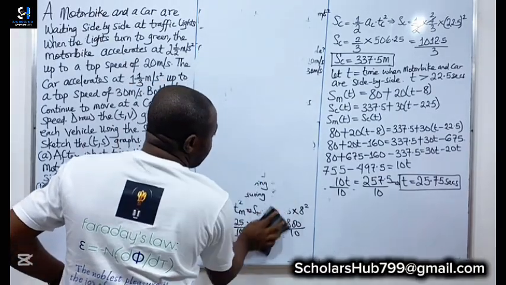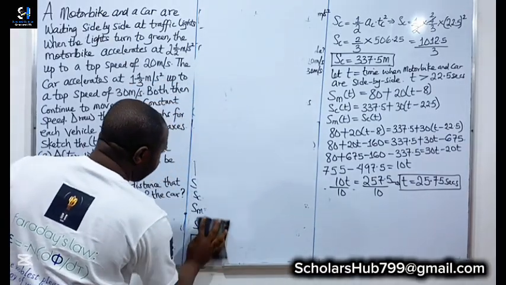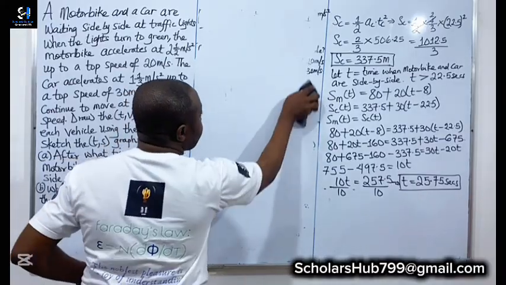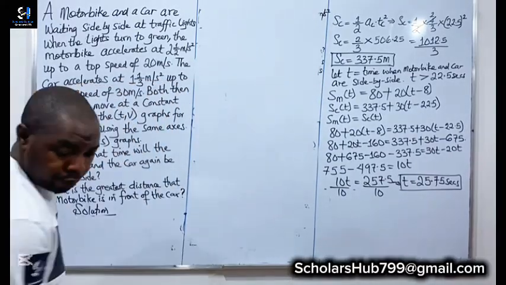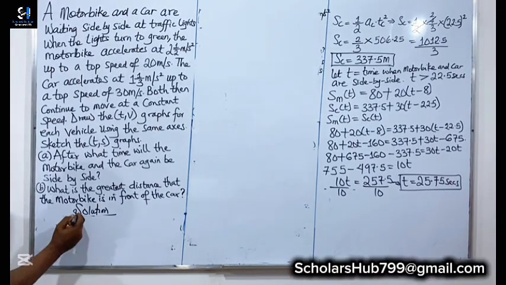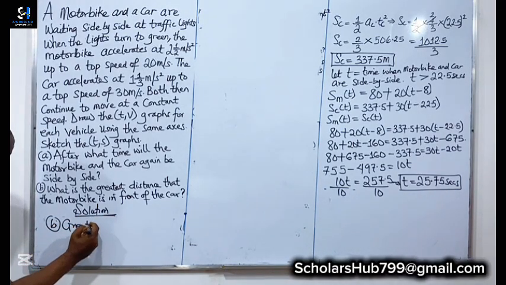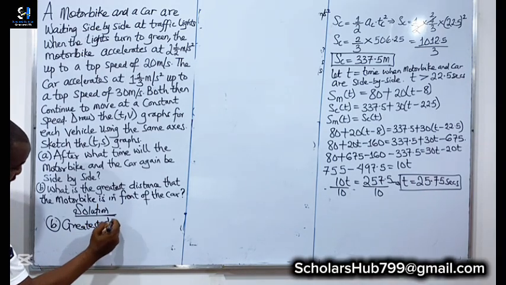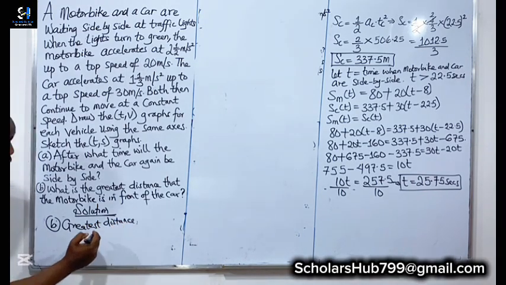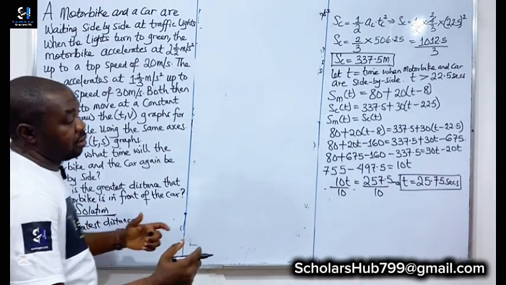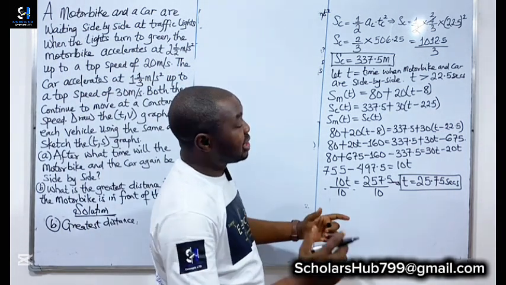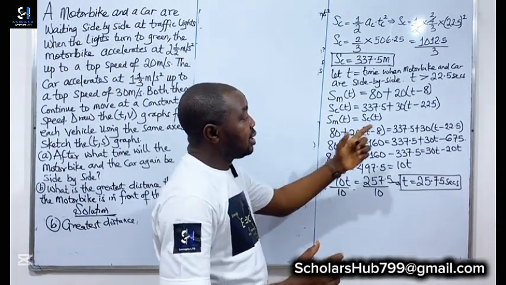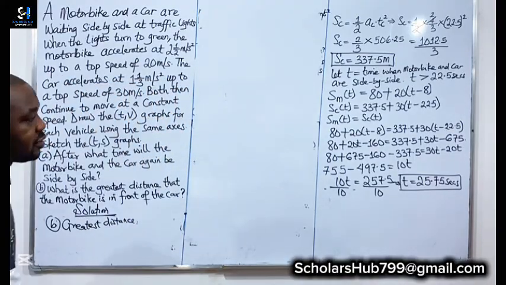Let me clean this part of the board. So for B, we want to calculate the greatest distance. The greatest distance should be when we consider the interval between 8 seconds and 2.5 seconds.